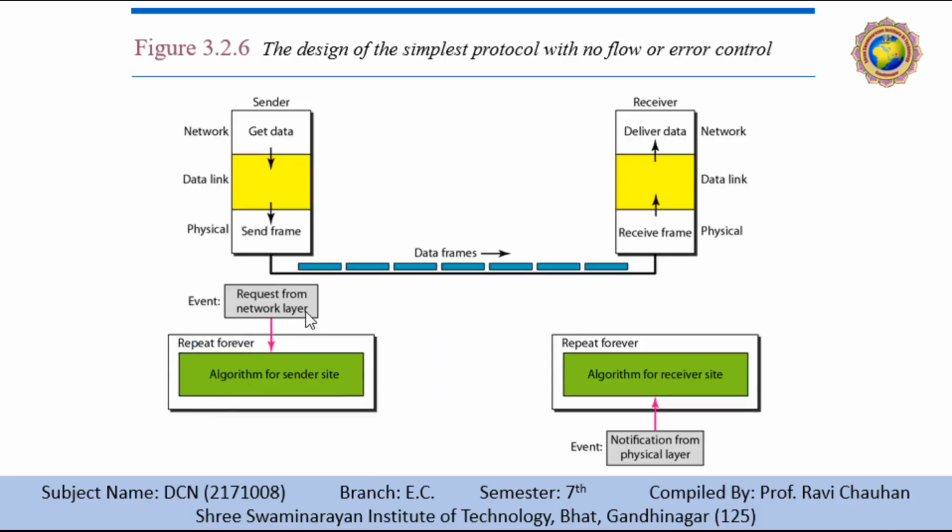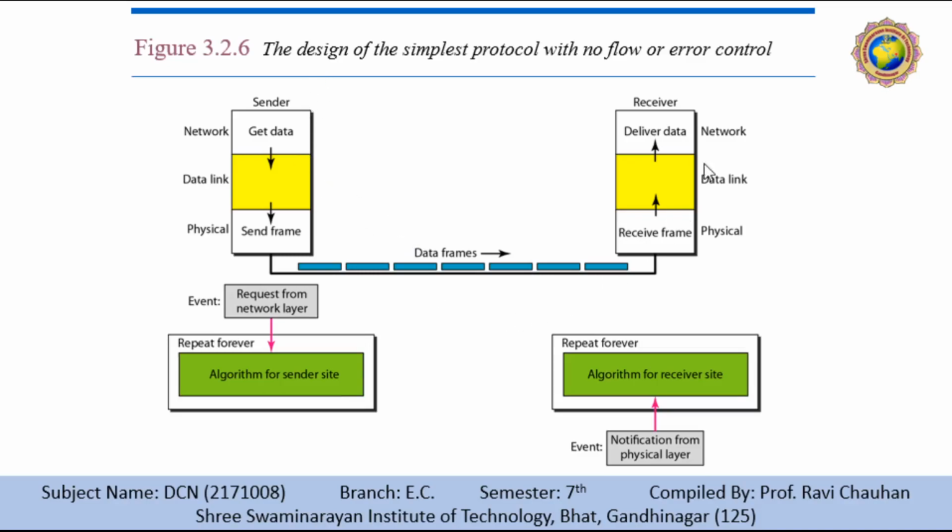Start with our simplest protocol. Our first protocol, which we call the simplest protocol for lack of any other name, is one that has no flow or error control. Like other protocols we'll discuss in this chapter, it is a unidirectional protocol in which the data frames are traveling in only one direction, from the sender to the receiver.